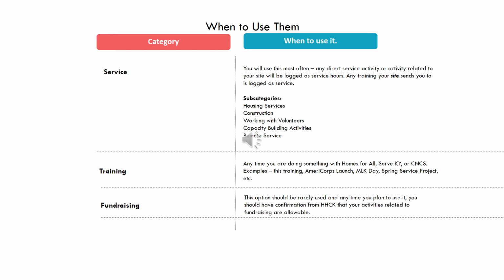So any direct service activity or activity related to your site will be logged under the service hours. Underneath that service category, there are subcategories like I talked about. The housing services, construction, working with volunteers, capacity building activities, and remote service.